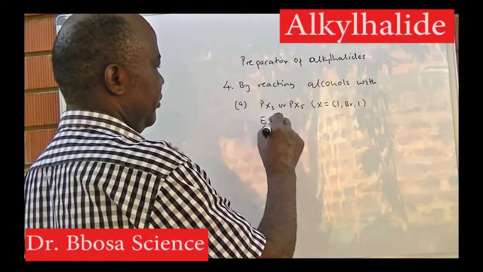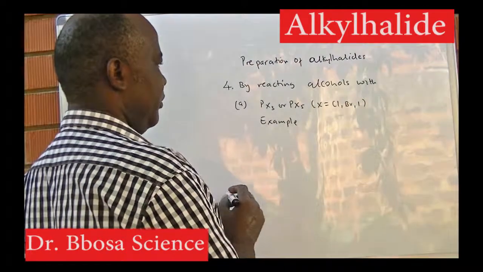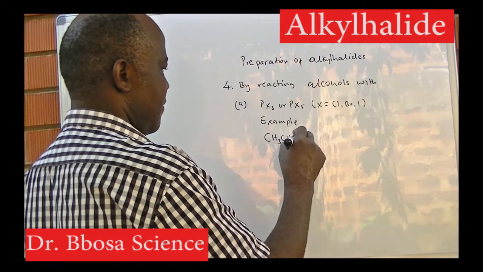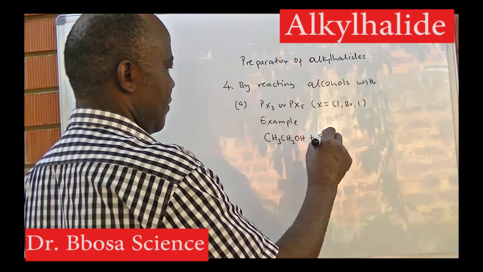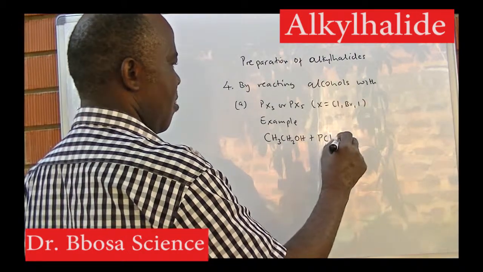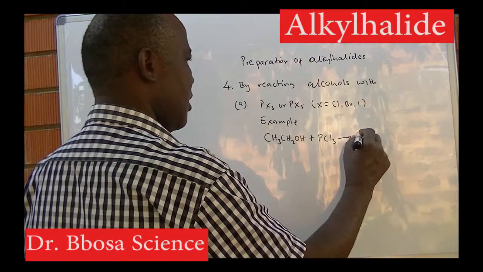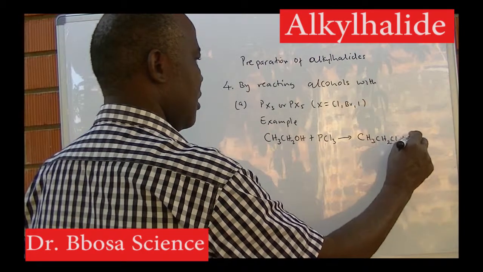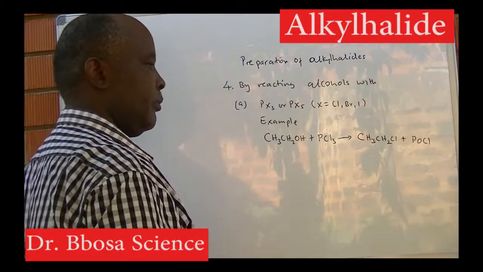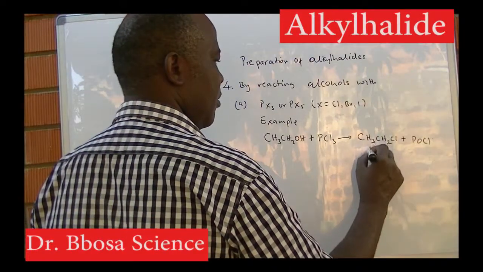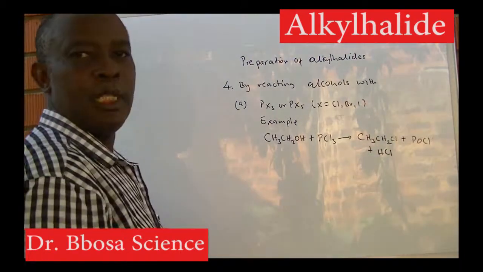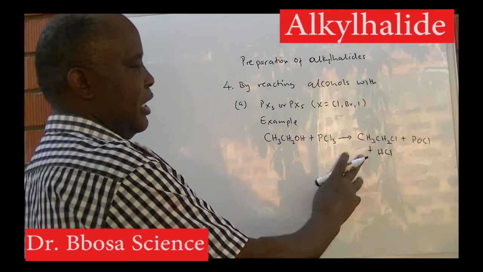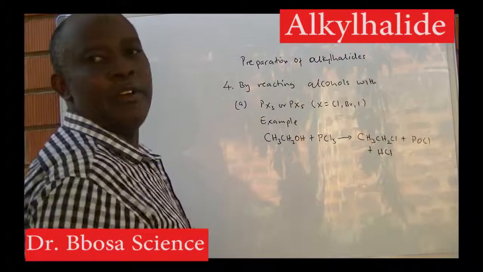Example: ethanol plus phosphorus trichloride, you get chloroethane plus HCl.